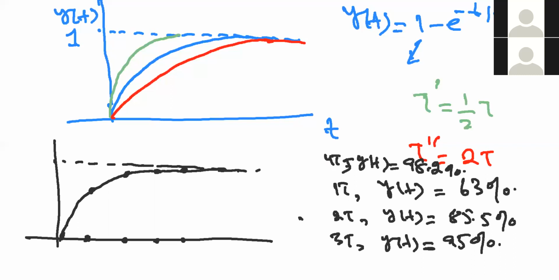At one time constant, you see this is the slope, and the slope is maximum. But as you increase the time constant, the slope becomes minimum. Here the slope becomes more flattened, and finally at four time constants you will have nearly zero slope.